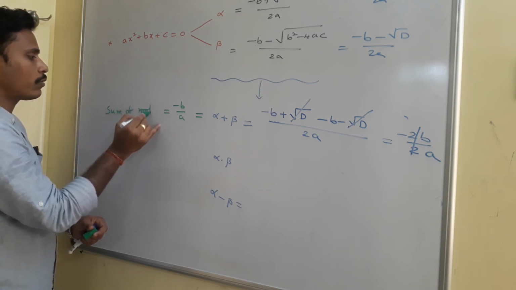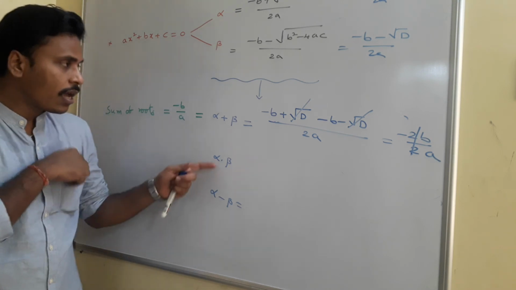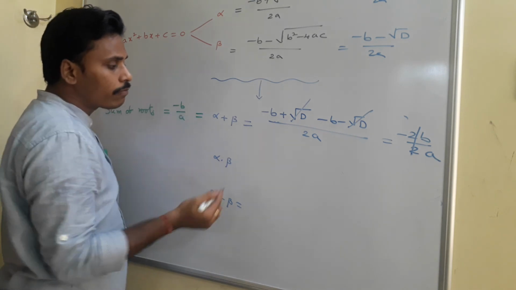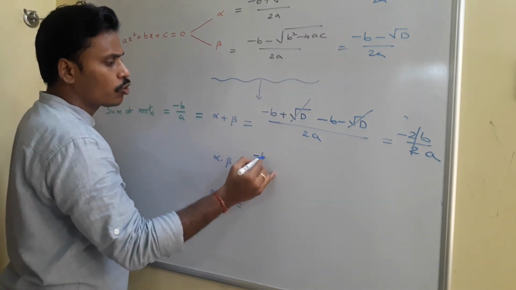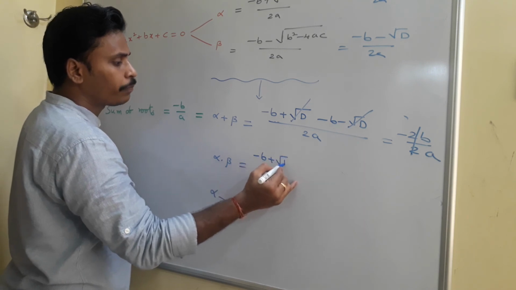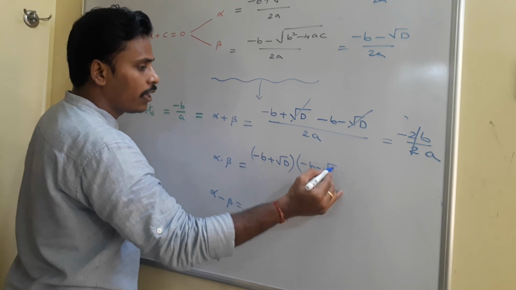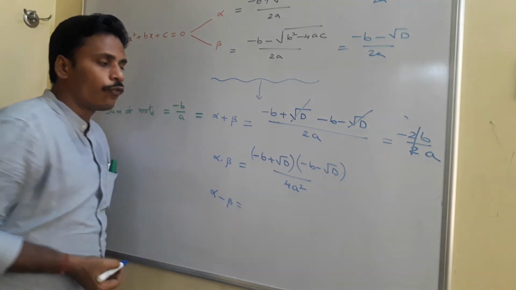and that minus b by a is nothing but the sum of roots. Okay? Whereas next thing we need to find is alpha into beta, the product of these two. So while multiplying these two, what will happen? Just look at this. In the numerator again you have minus b plus root d into minus b minus root d, divided by 2a into 2a, 4a square.